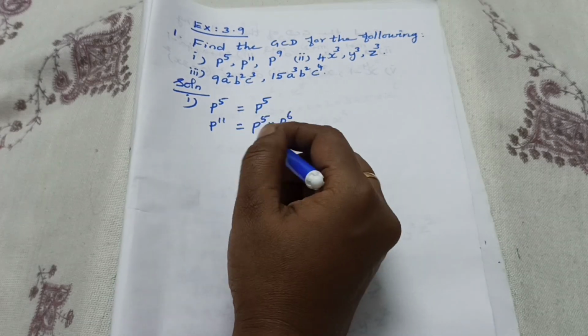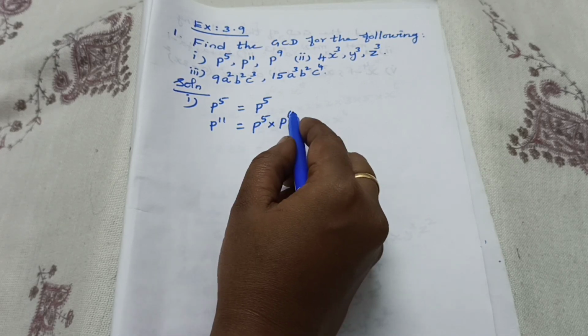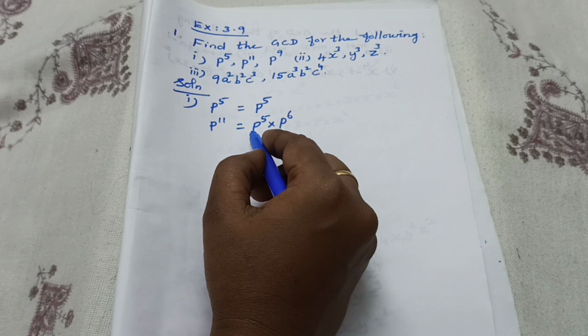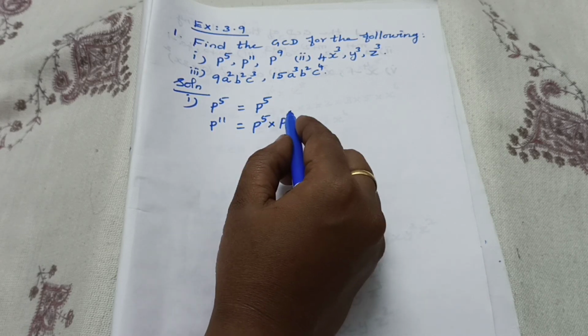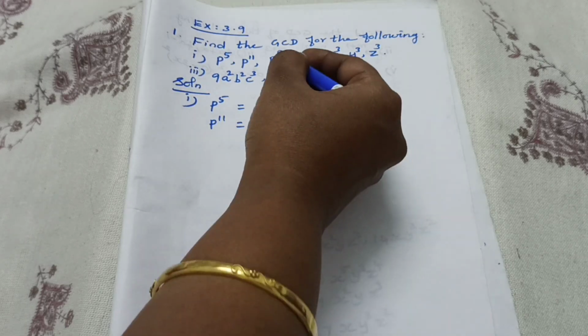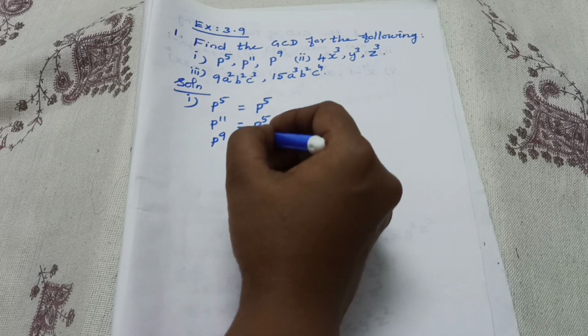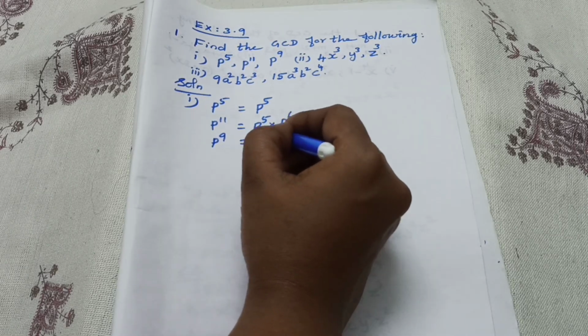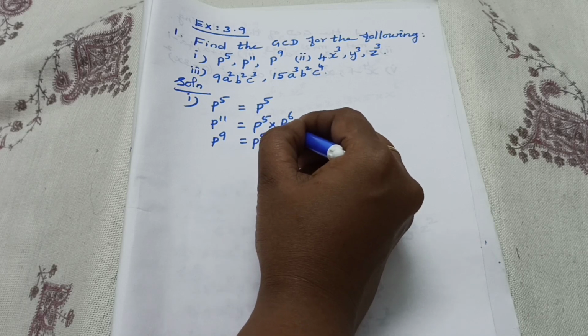Shall we write? When the bases are equal, then powers we can add, isn't it? Both bases are p, and if we add the powers we will get 11, isn't it? This one, p power 9, how can we write it, you say? P power 5 into what? Very good, p power 4, isn't it?